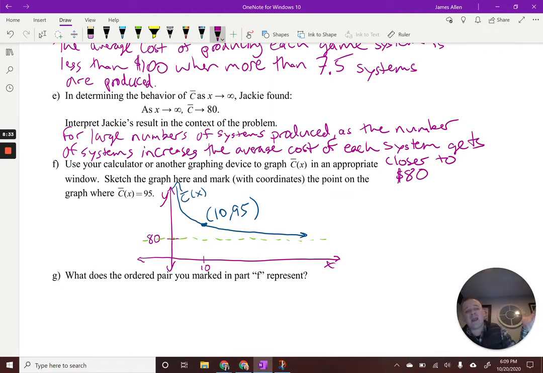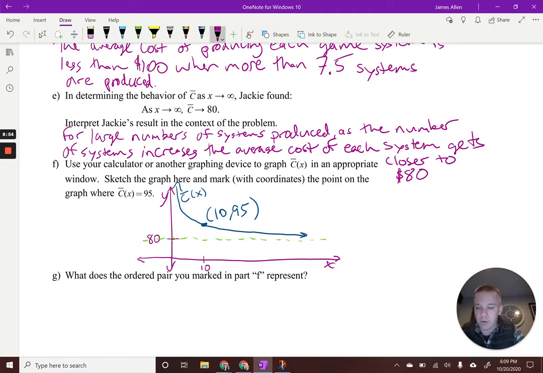Once I divided everything by x, the number of systems produced, we got our average cost function, the C bar of x. So my input is 10, and my output of the C bar of x function is 95, meaning when I produce 10 systems, my average cost to produce each system was $95.